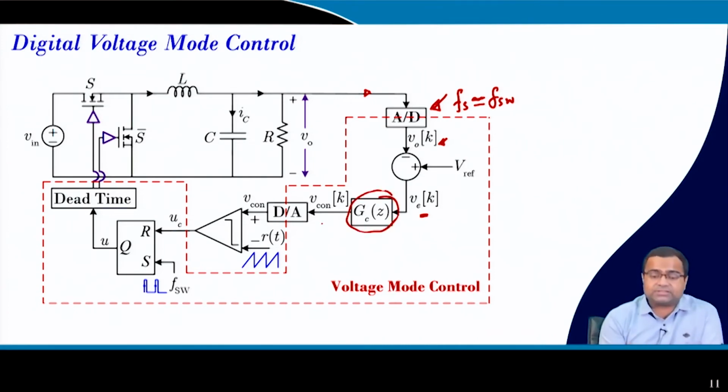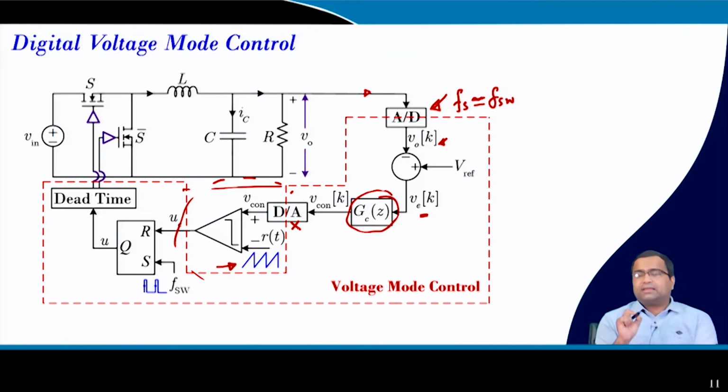And then this compensator output, if we talk about a sawtooth waveform in analog, or we can also consider the whole thing in digital. In fact, this can be current also, that means this provision is kept to show current, but in voltage mode control this whole thing can be digital, and you may not need any DAC if you generate this sawtooth as a digital waveform.